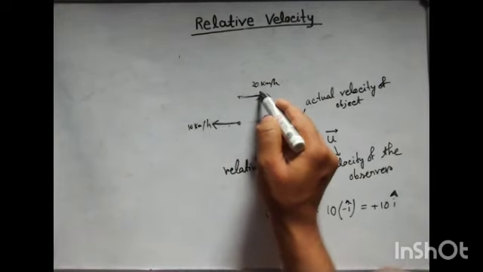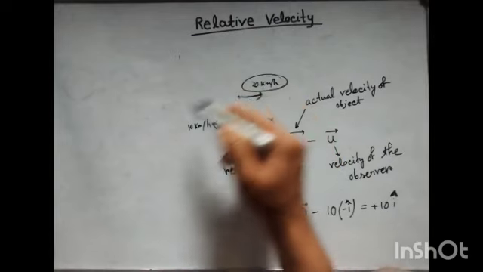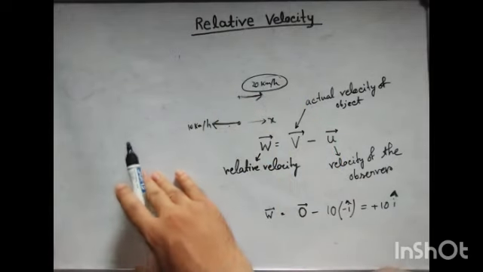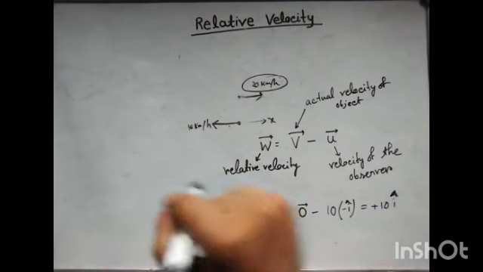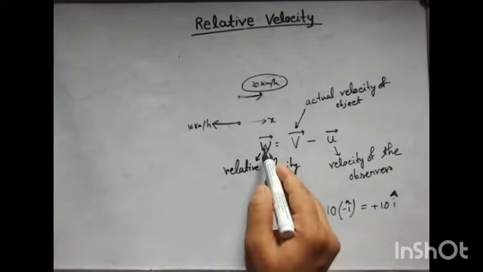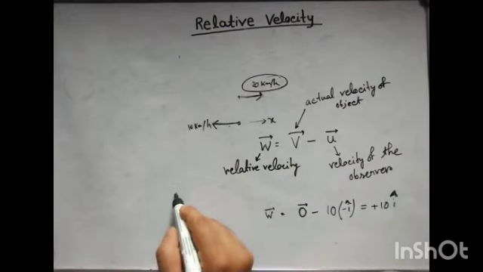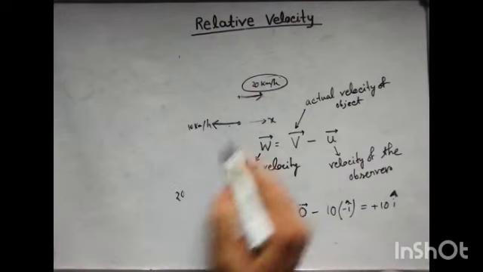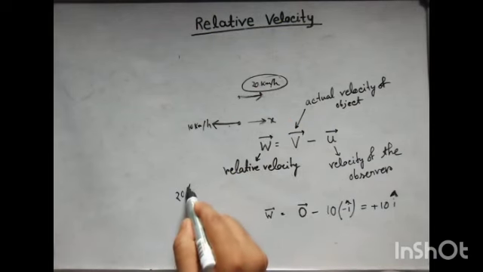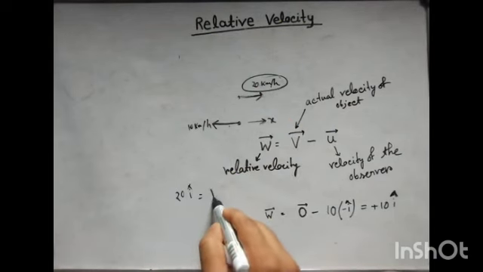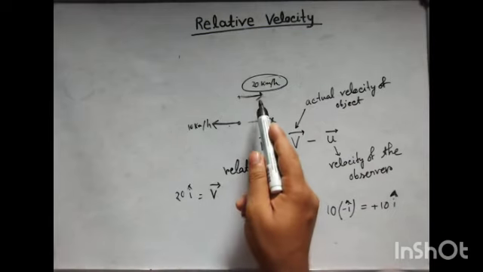This velocity you are seeing is the relative velocity. So what is the actual velocity of that train? So relative velocity w is what? 20, and this is positive x-axis, so 20 i cap equal to v vector. The actual velocity of the train we don't know.